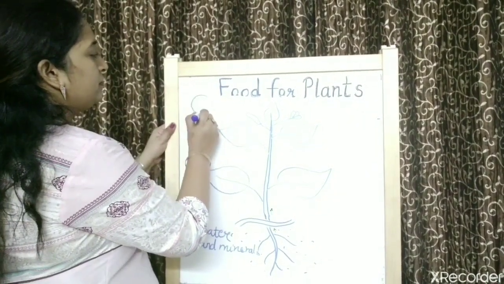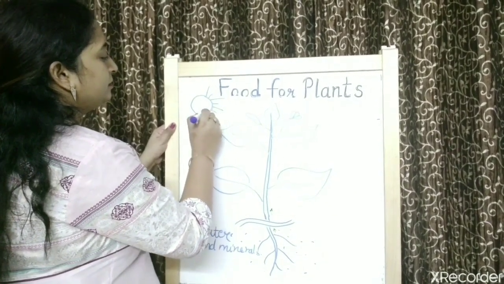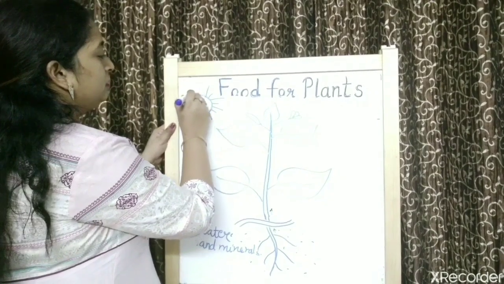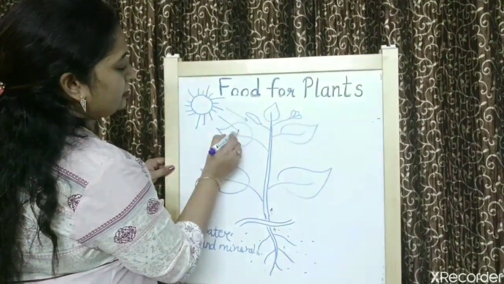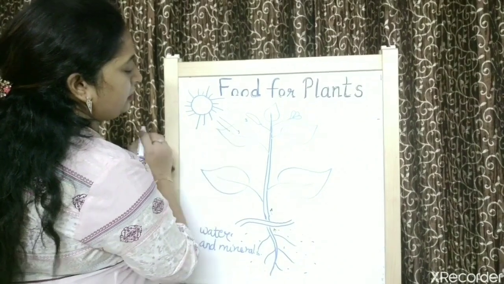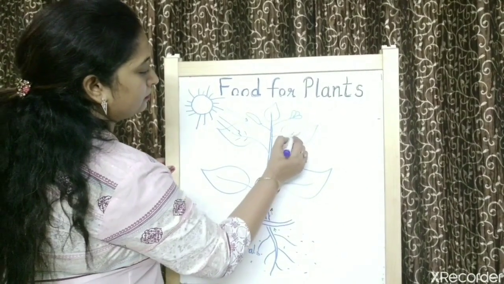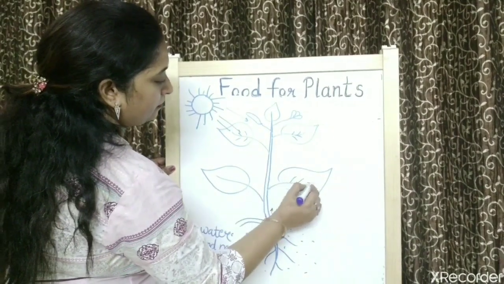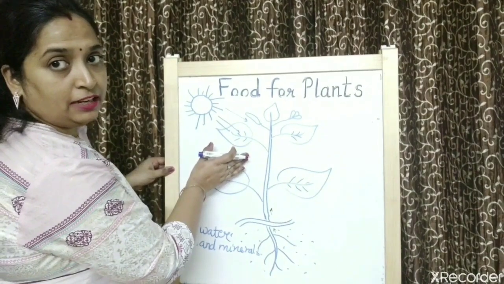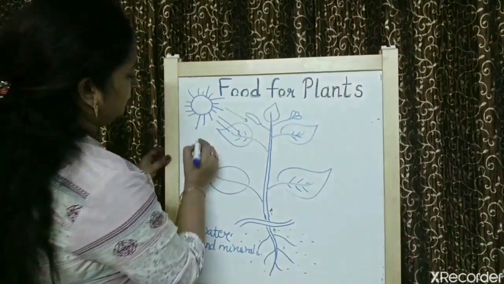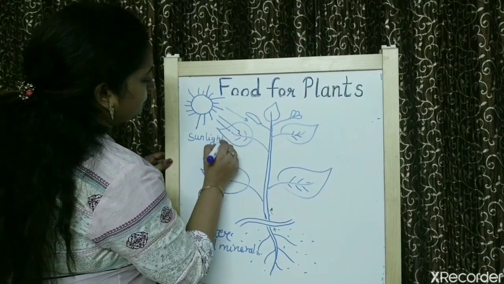If I draw here one sun, this sunlight will be utilized by plant. Where is it going? It is going to leaf part. So sunlight is falling on the leaf and plant will use it for photosynthesis. So water and minerals, then sunlight.